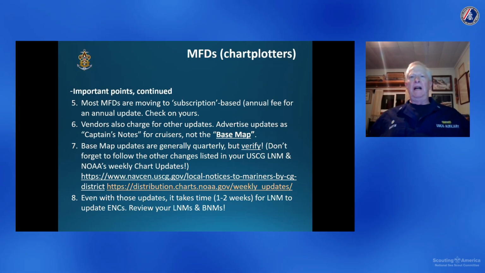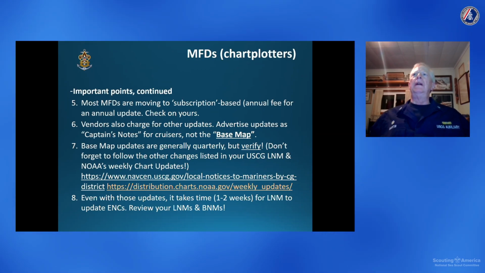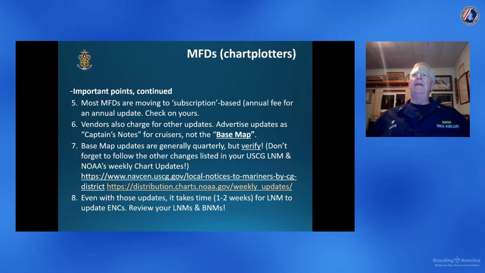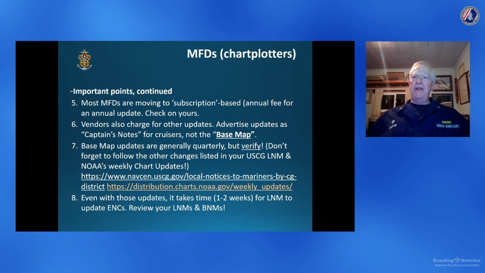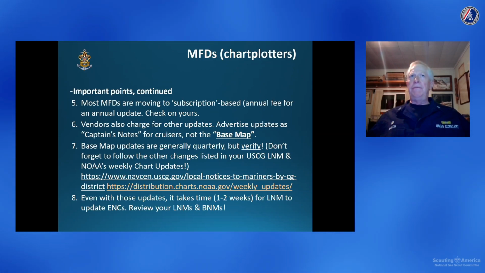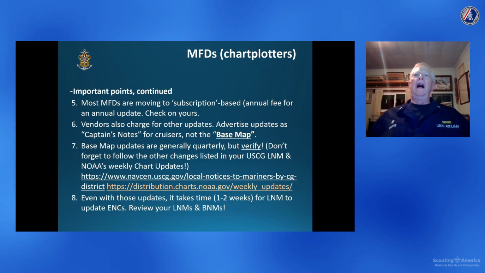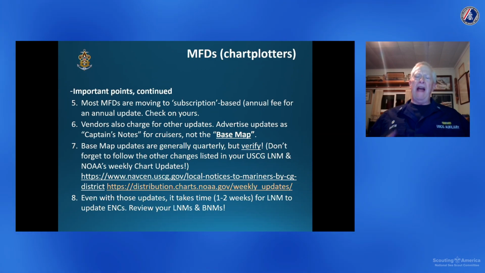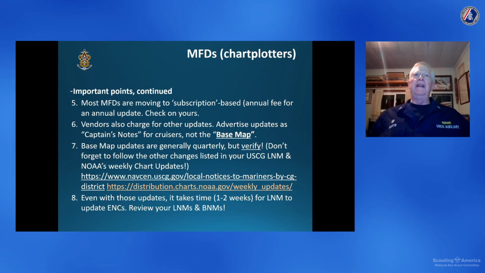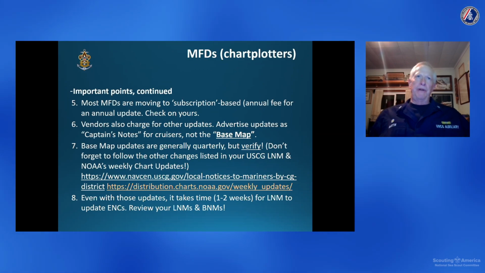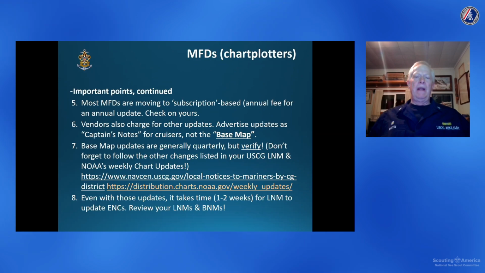Other than that, some of your multifunctional displays and some of your navigational applications, and I'll show you a couple in a minute, have the capability of showing you what that information is that created that particular chart that you're looking at.